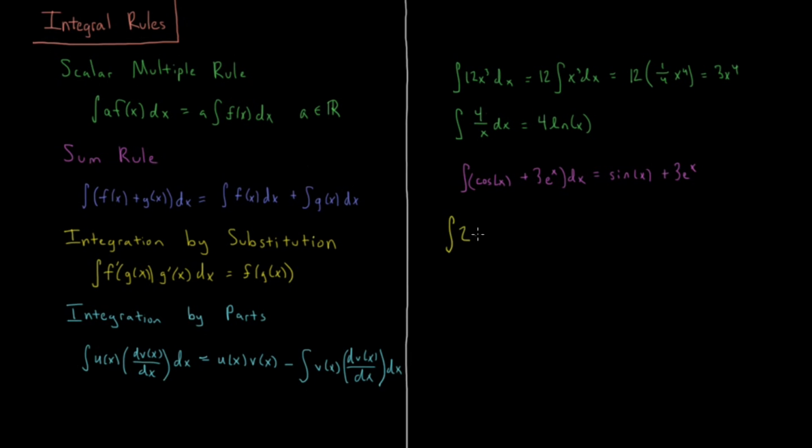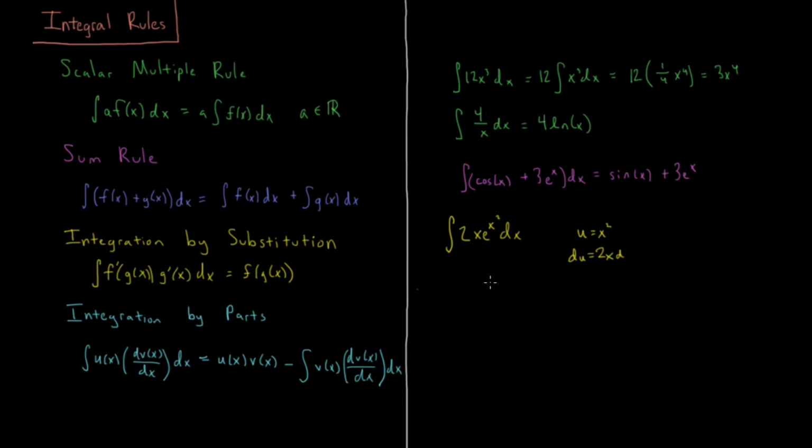Let's say we have the integral of 2x e to the x squared dx. We have to define what some values are. We have e to the u, so I'm going to say u equals x squared. So du equals 2x dx, taking the derivative there.